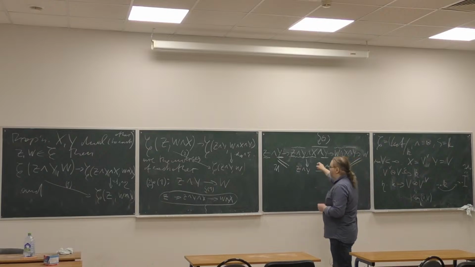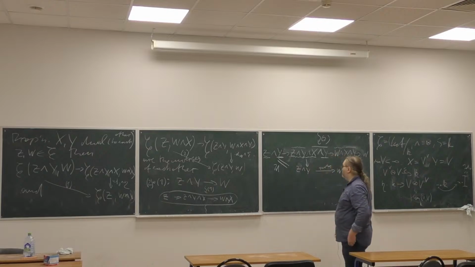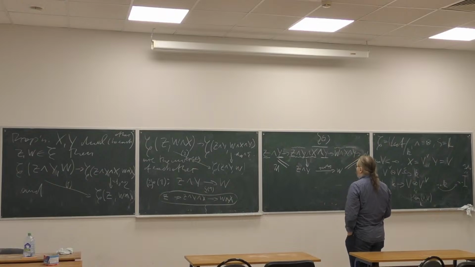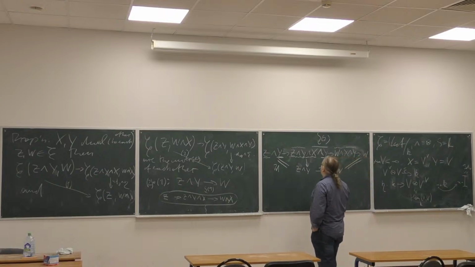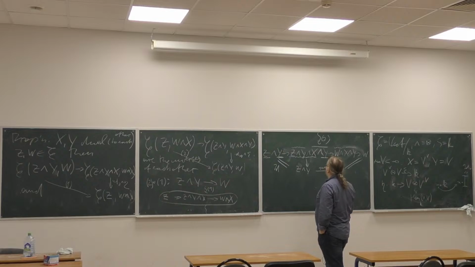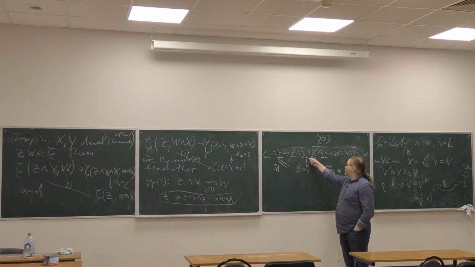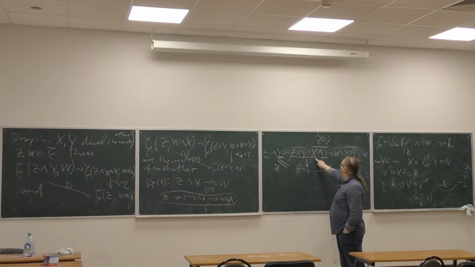I want to check that this diagram commutes. Now, what does this arrow do? Well, this arrow just applies the evaluation on the last two factors.